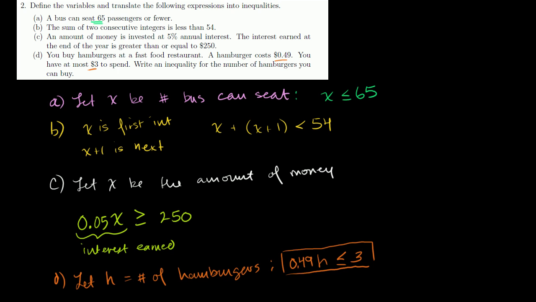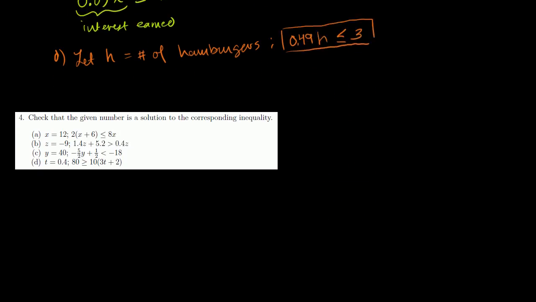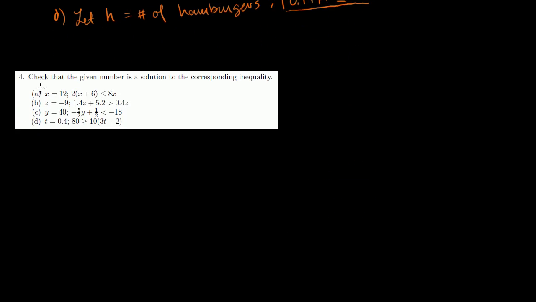Let's do problem 4 here. Check that the given number is a solution to the corresponding inequality. All right, part A here. The inequality is 2 times x plus 6 is less than or equal to 8x. And they're saying that x equal to 12 is a solution. Let's verify that.